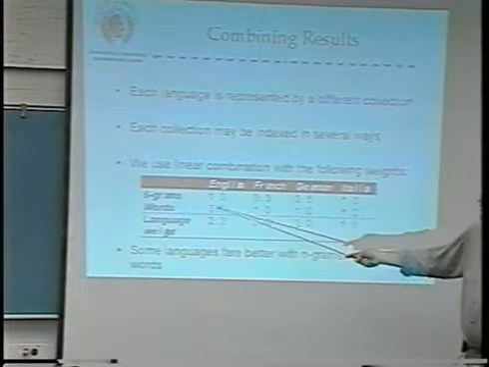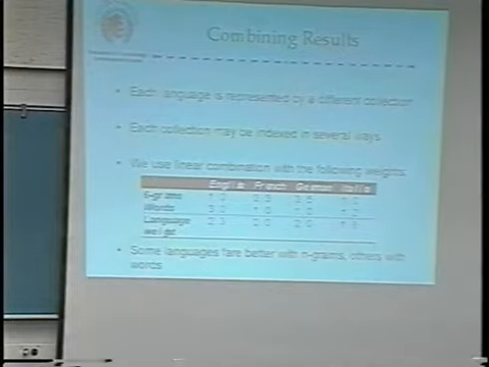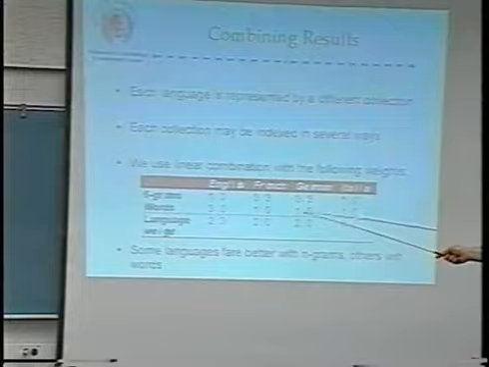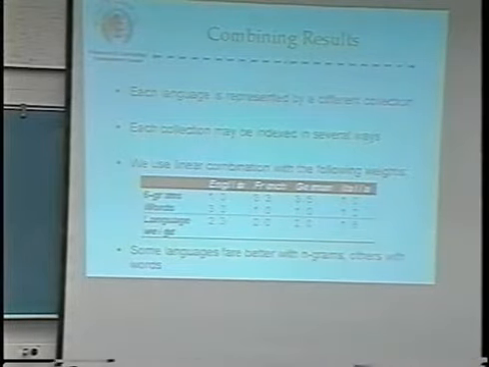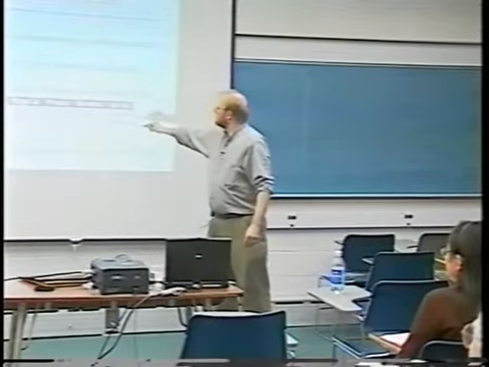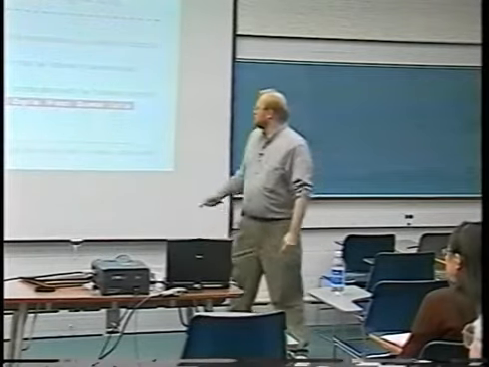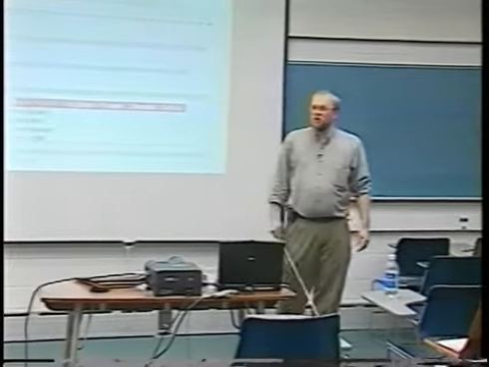So we weighted the word results 3 times the weight of the 6-gram results. That was very different in German. In German, 6 grams worked significantly better than words, and I'll talk about that in a minute. So we had these within-language weights, and then we also weighted the languages to indicate that, well, English results are just better than the results in the other languages. Italian was worse.